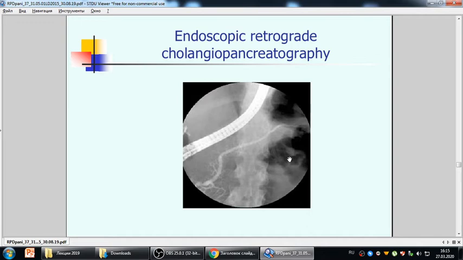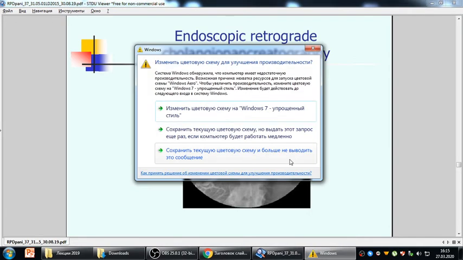The good methods are of course the stool test, and of course assessing the elastase-1 test in feces.